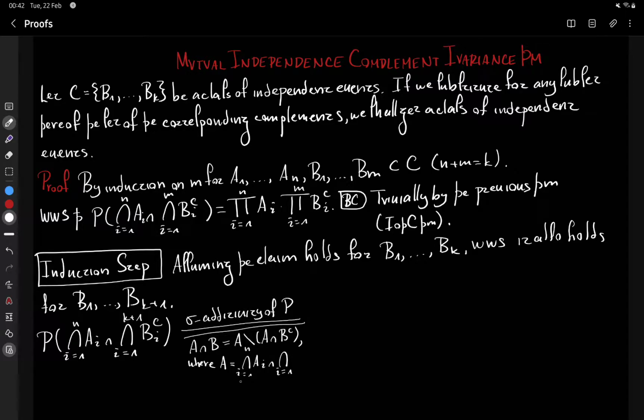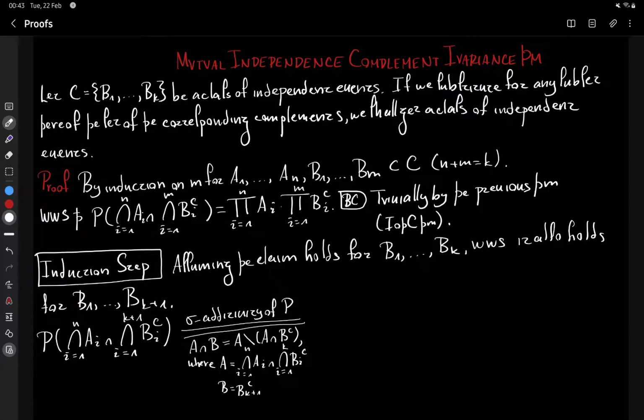Well, because the induction hypothesis holds on this set A, since now we range it only until k of Bi complement, and B will be equal to B(k+1) complement.